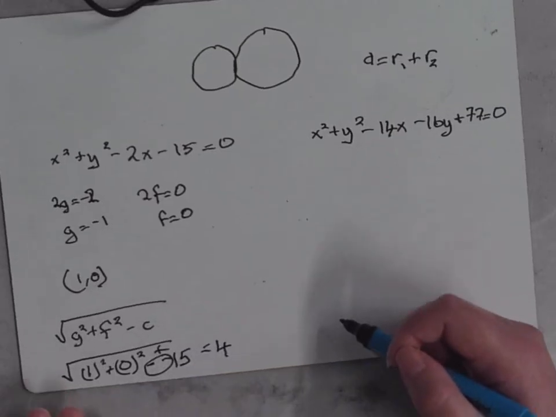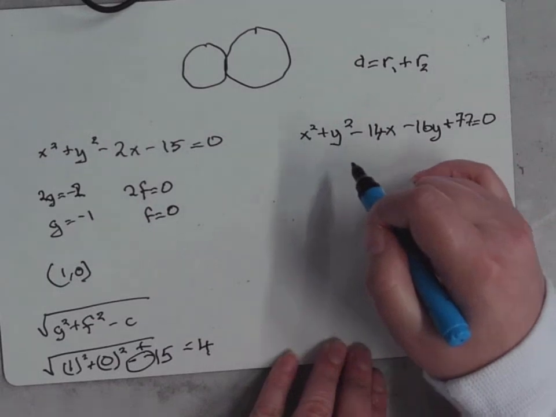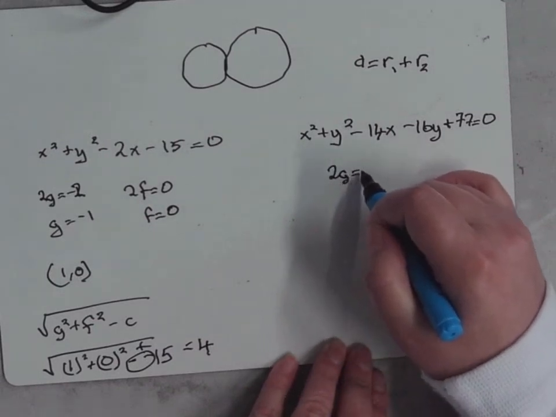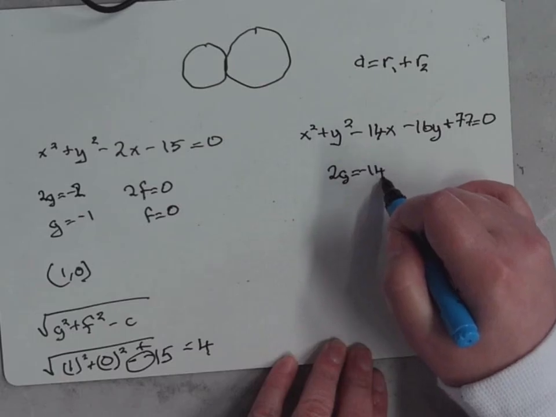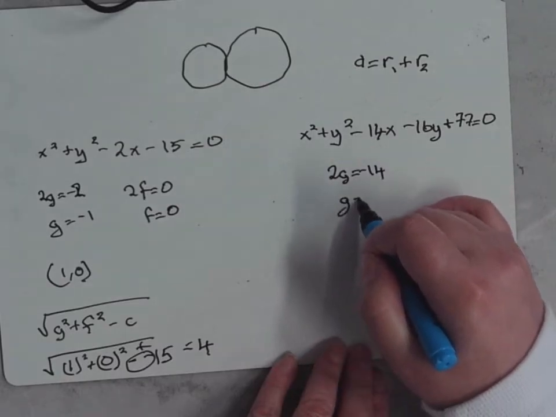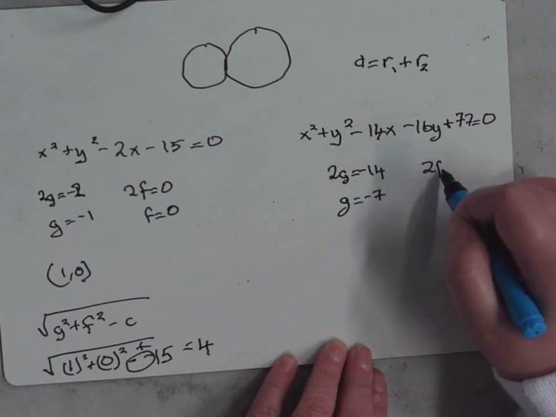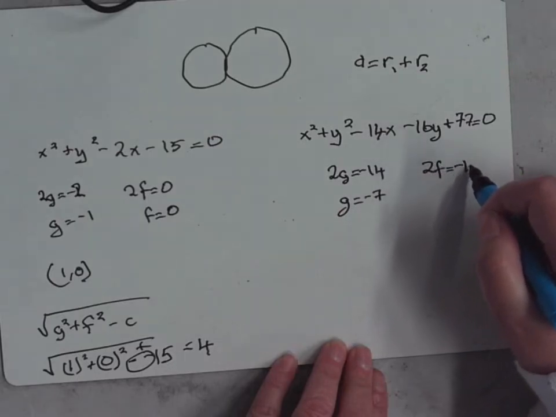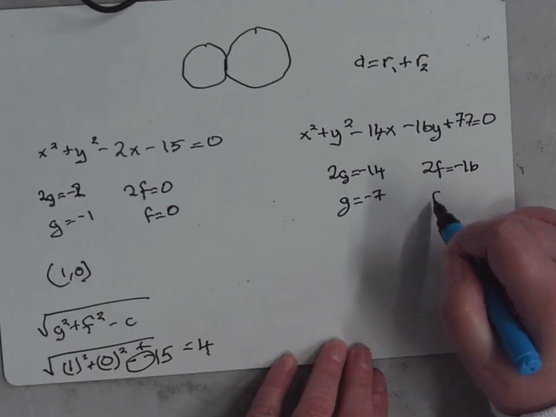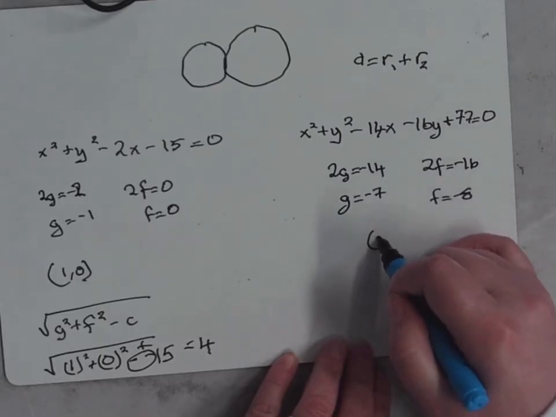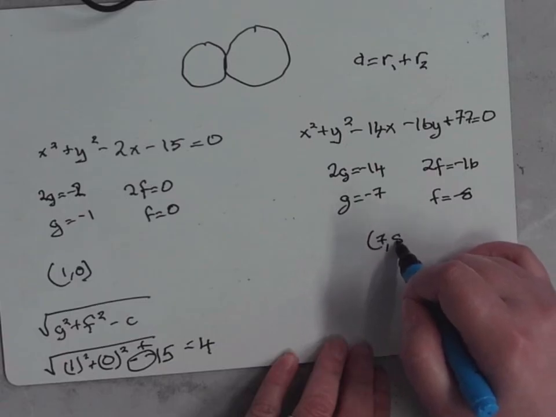Okay, right, then over here we get the centre. 2g is equal to minus 14. So that means g is minus 7. 2f is minus 16. So that means f is minus 8. So the centre is minus g, minus f, which is (7, 8).